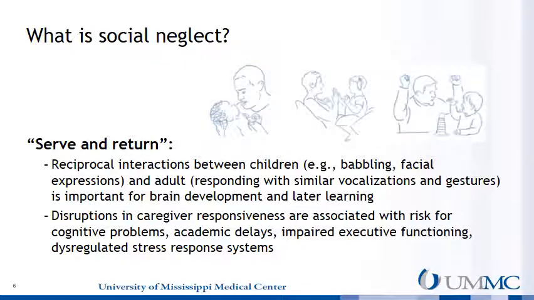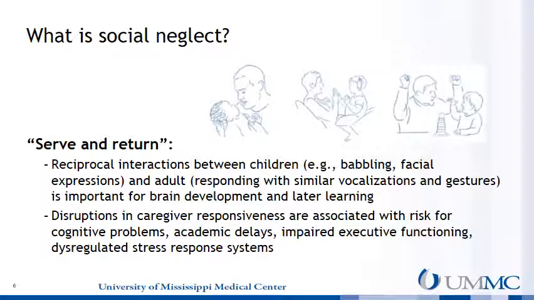And when considering social neglect in particular, it's important to understand this concept of serve and return. So there are reciprocal interactions that occur between children and adults, with children communicating through babbling and facial expressions, and adults responding to those communications with similar vocalizations and gestures. And that serve and return is really important for brain development and for later learning.